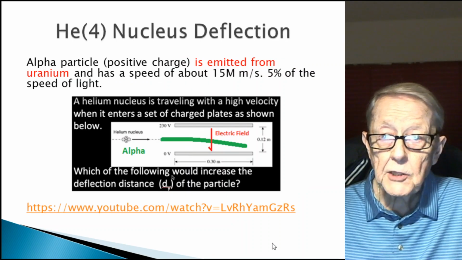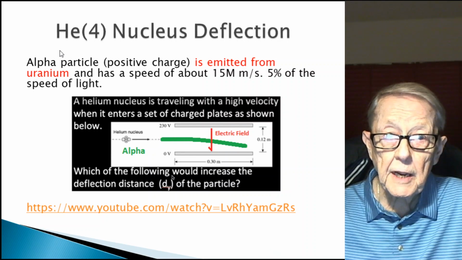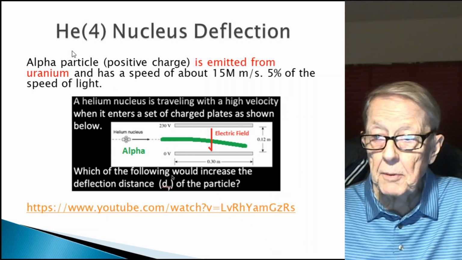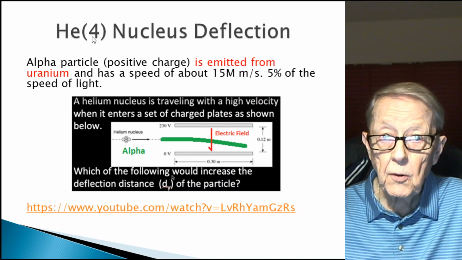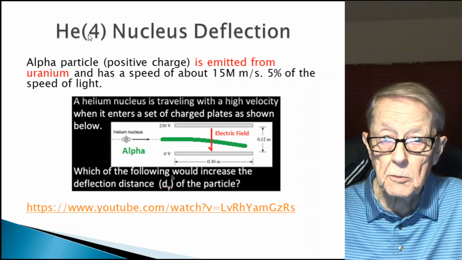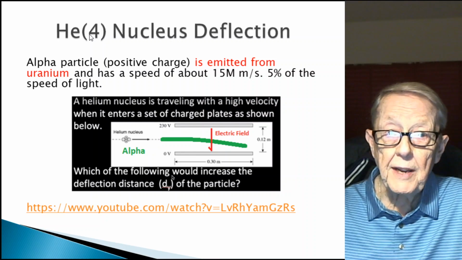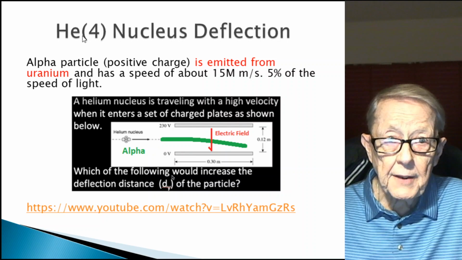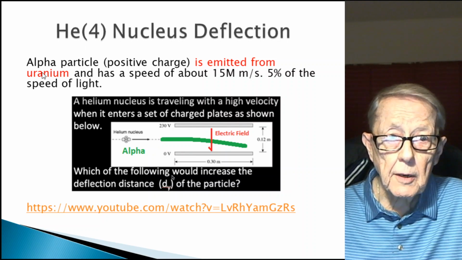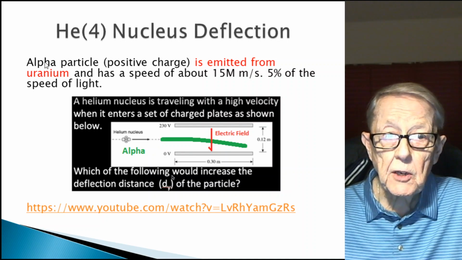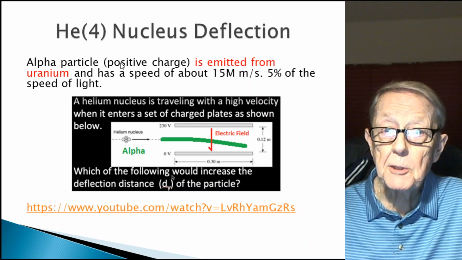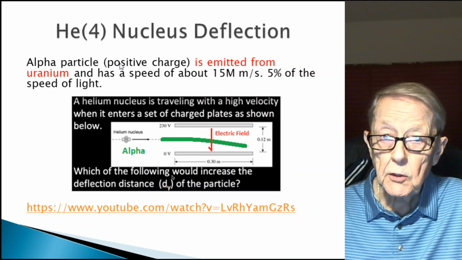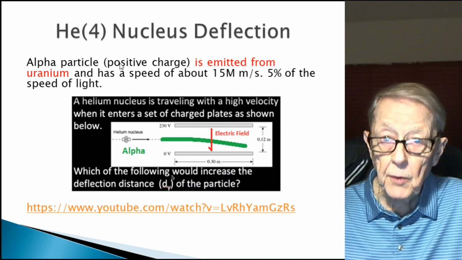Now you can actually see an example of one bending down, but the only example I found was a helium-4 nucleus. Helium-4 is the most prominent form of helium in our world, and the helium-4 nucleus is actually called an alpha particle. It has a positive charge. 2 protons and 2 neutrons, at least that's the standard explanation.